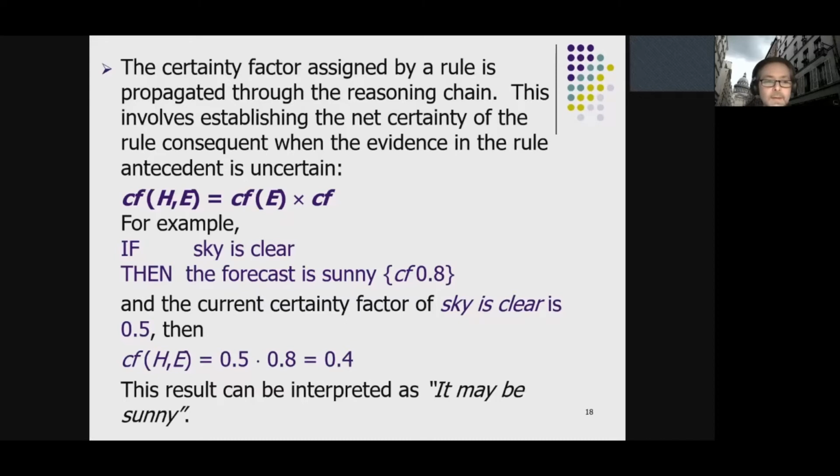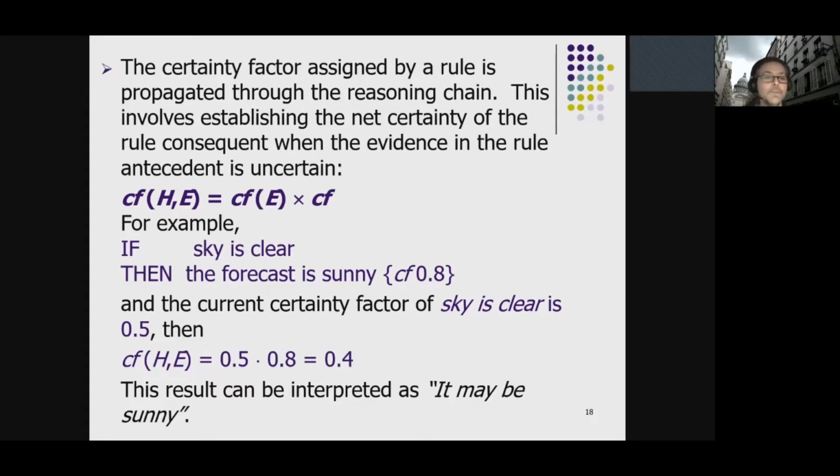So it's the same thing here. We're going to use the information to calculate the certainty of hypothesis H when evidence E is available. And this is given by this simple calculation. It's the certainty of E times the certainty factor of the rule.